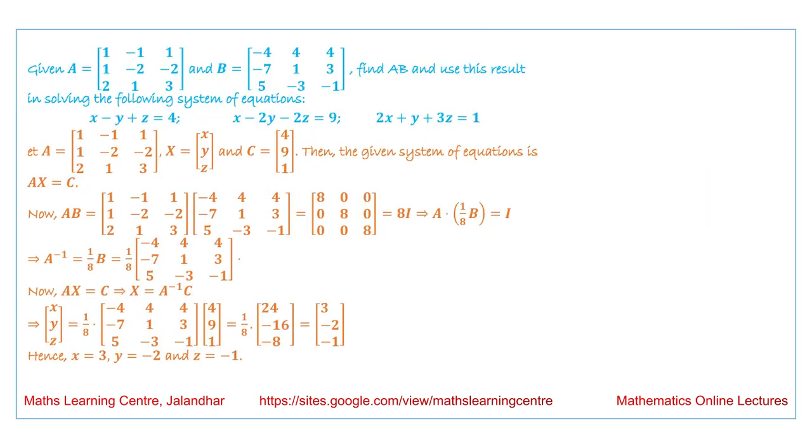Next, we are given two matrices A and B. This is the matrix A given to us, and this is the matrix B given to us. We have to calculate the value of AB.